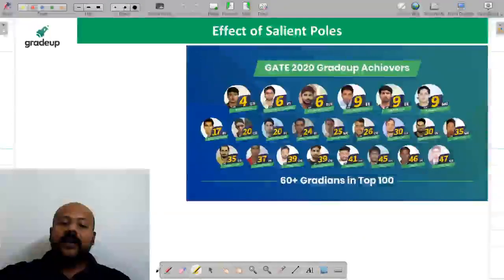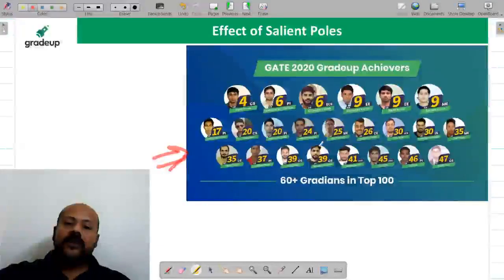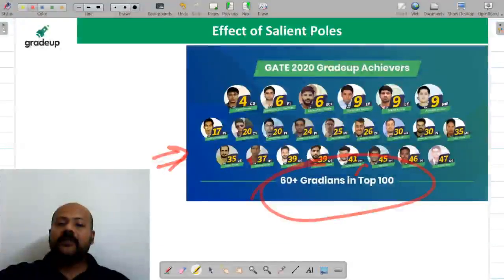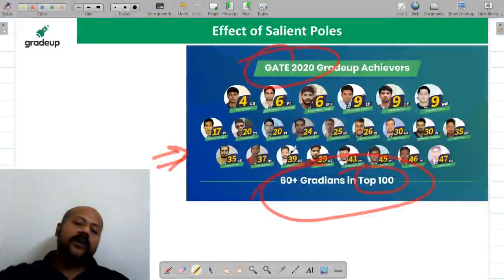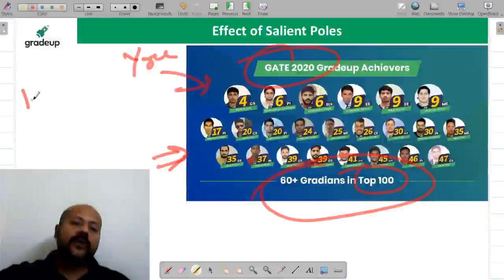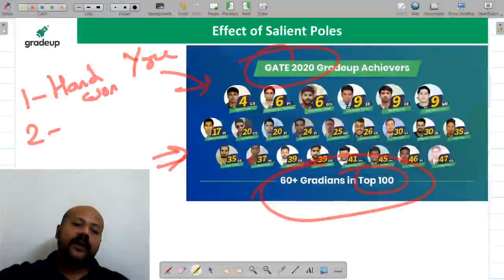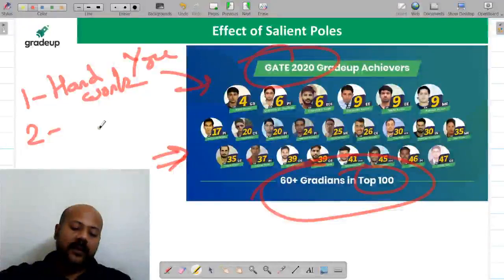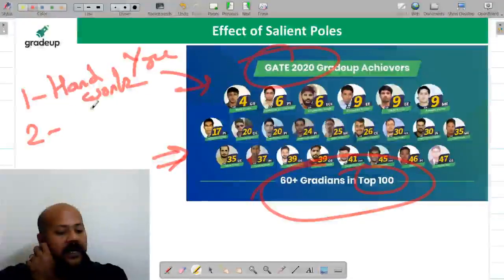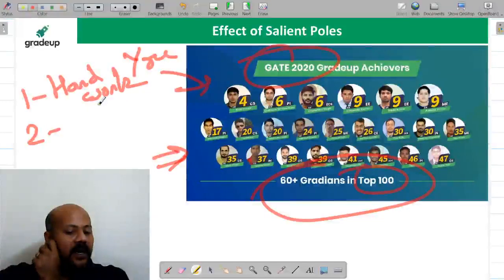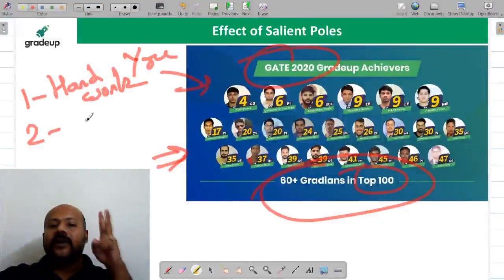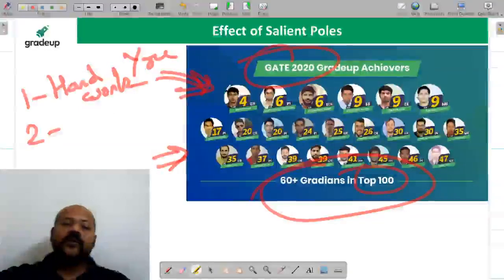One very important last piece of information for you: there are 60 plus Gradeup students in the top 100 of the GATE 2020 examination. If you want yourself to be here, then you have to do two things. Number one is hard work. And what is the second thing? Quickly tell me, all of you. I want all of you to tell me what is the second thing you are going to do if you want your picture to be in this panel.